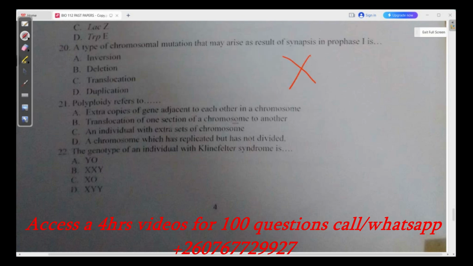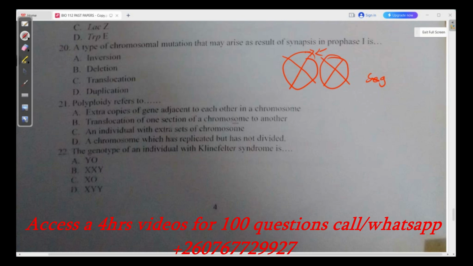So these two chromosomes will come together, one on top of the other, gene to gene, to exchange some of their segments. During this exchange, a mutation can happen. Which one amongst these chromosome mutations may arise as a result of synapsis? We have inversion, deletion, translocation, and duplication.